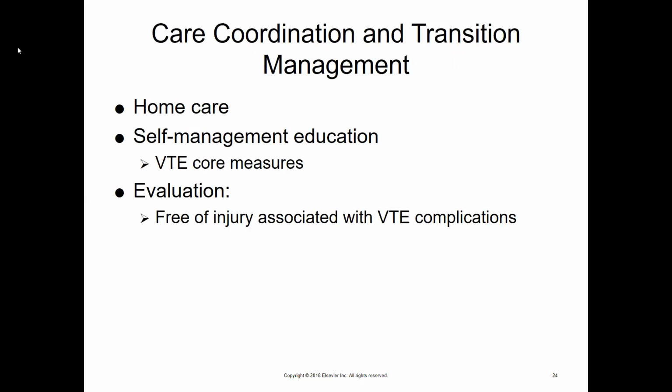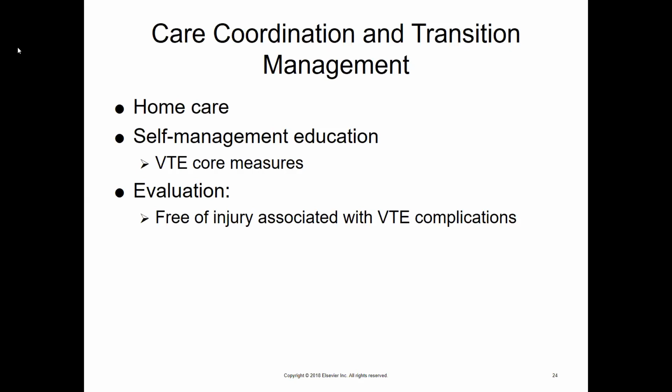Home care, patients need to be educated about their anticoagulation therapy. They're going to be managing that at home. I know my dad's on warfarin, and so he has orders according to whatever his INR is. He may take one pill Monday, Wednesday, Friday, and Tuesday, Thursday, he may take a half a pill. And so they need to know that whatever they go home on may not continue to be the same.